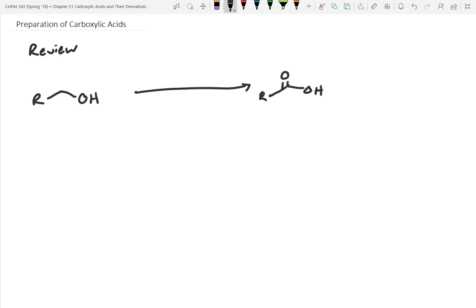What's that? Chromic acid, absolutely. So if we do that, that's commonly done with sodium dichromate and sulfuric acid and water. So that's one way to do that. That was section 10.9 in your textbook if you're a little rusty on it.